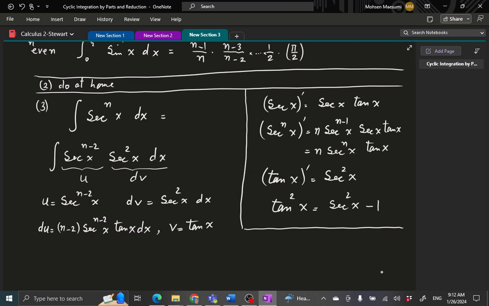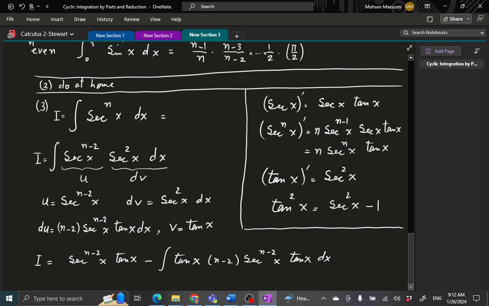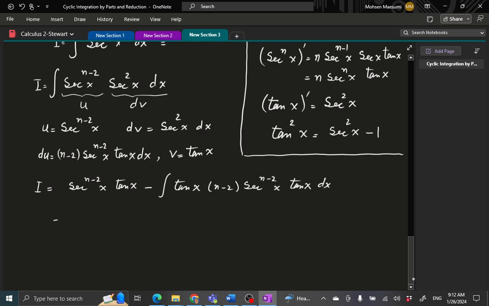Okay, so this integral that we are calculating, that same integral is going to be u times v, so secant to the power of n minus 2 of x tangent of x, minus v du. V first, tan of x, n minus 2 secant to the power of n minus 2 of x tan x, then dx. Let's clean up.